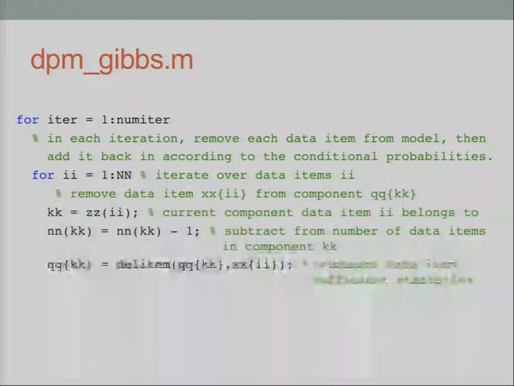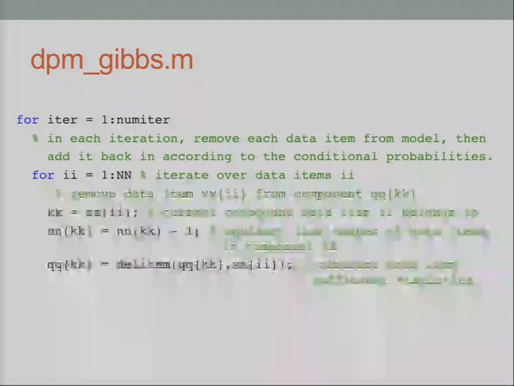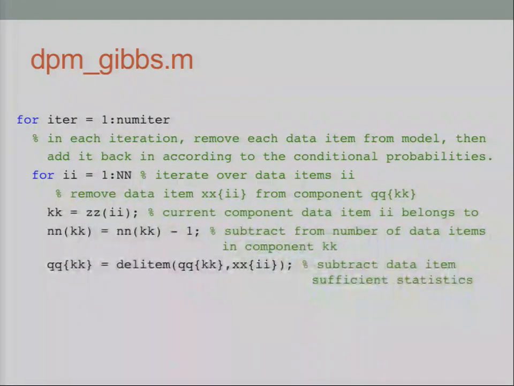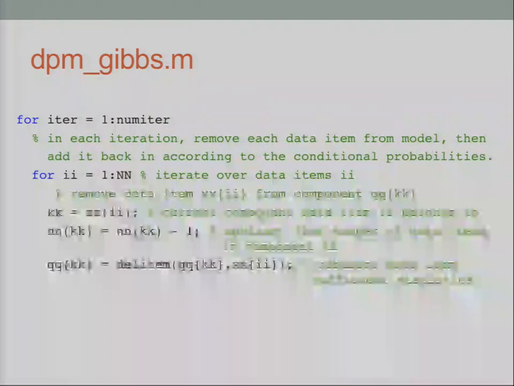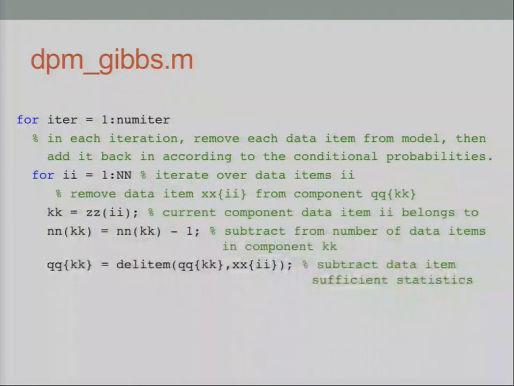Basically, we retrieve its assignment, so it is assigned to Zi. Okay, so K is its current assignment. We subtract 1 from NK because we no longer have that component there. We remove it from there, and we also remove it from the sufficient statistics of this component, which is given by QK. Okay.